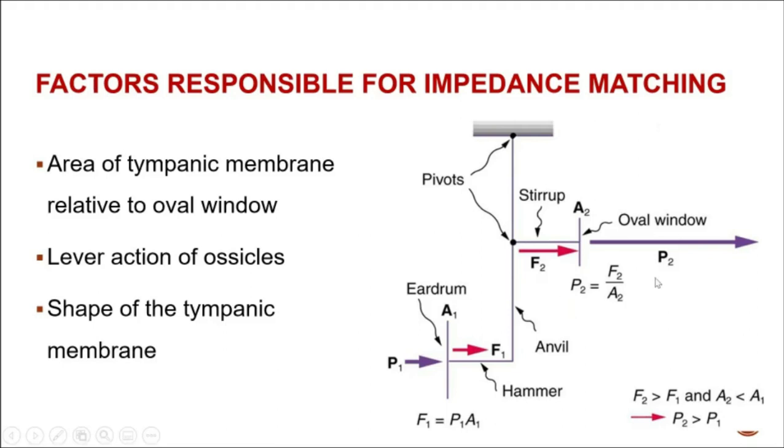Now, how is this impedance matching done? It is because of amplification in the pressure applied at the oval window. This amplification of pressure occurs because of two things.